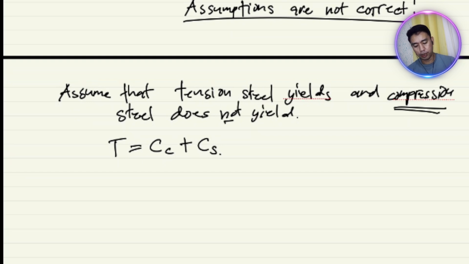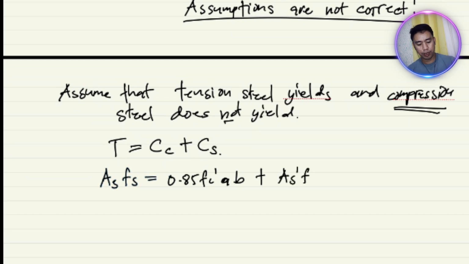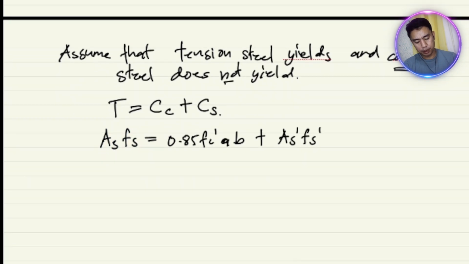Okay? So, let's start here. Ang T natin is, ano yung formula ng T? Tension. That is As Fs sa baba, equal to compression ng concrete, which is 0.85 Fc prime ab, plus, sorry, As prime Fs prime. Ito yung compression ng steel.